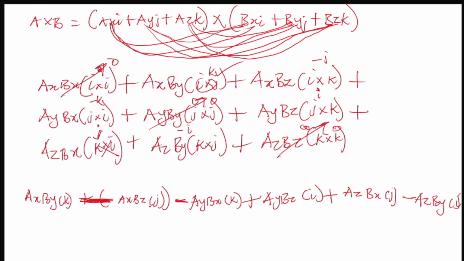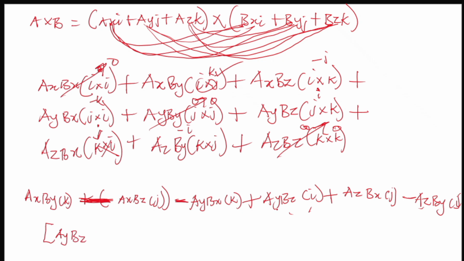Which values are having I? We can see this is having I here, and this is having I here also. So we are simply picking this and this. If you pick that, this will simply give you AY BZ, that's what we have here.